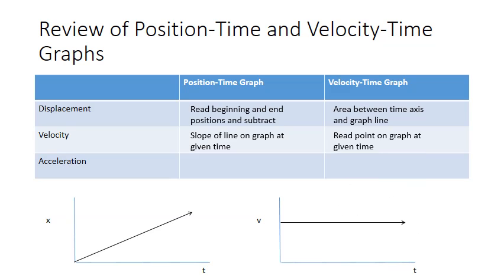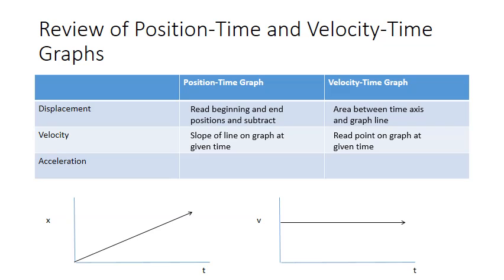All you do is find the given time that you want to read from, and you read what the velocity is. Now you'll notice that the slope of the line on the graph at the bottom left doesn't change very much, so the velocity seems to be constant. If we look at the points on the graph at given times, it doesn't matter which time we choose on the velocity time graph, we're going to get the exact same value.